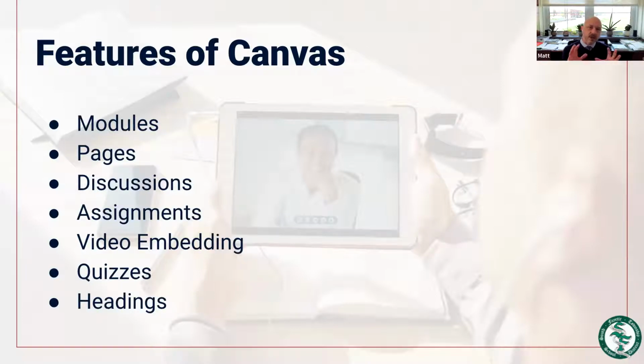And so what we're talking about is not just using those as individual pieces of Canvas, but really organizing them in a strategic way to provide that transparency and support and scaffolding for students so that they can navigate really complex ideas and learn complex skills in a way that is super effective.